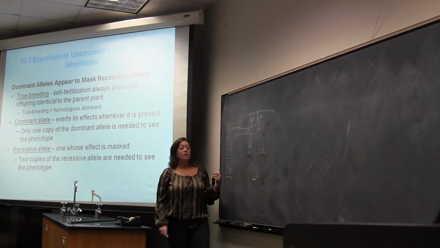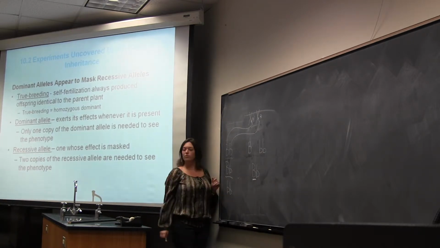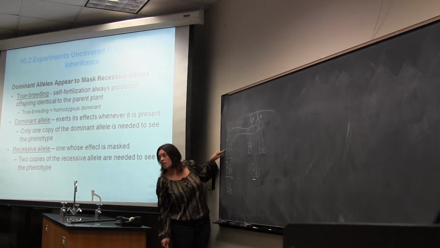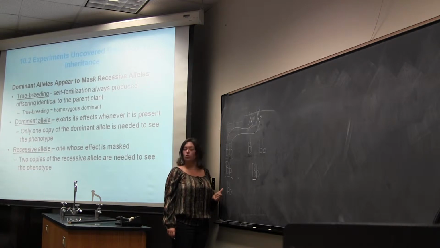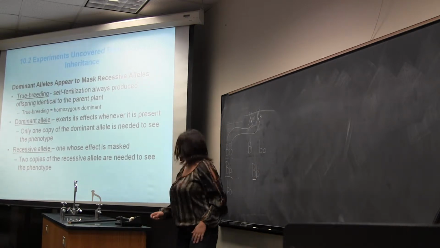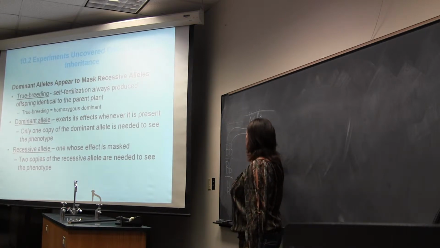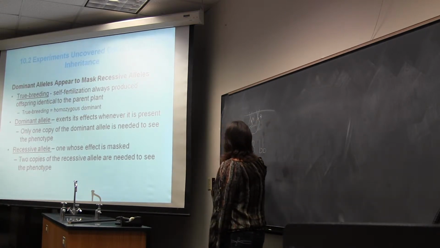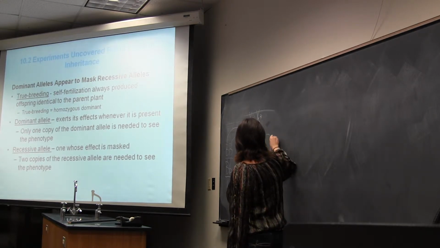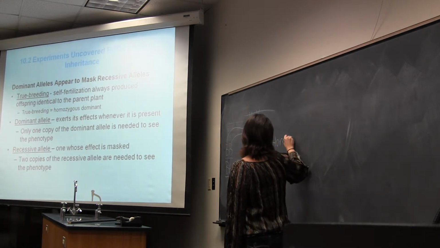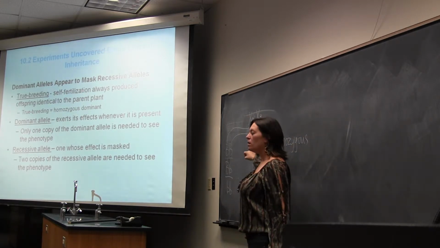So how do you actually read that? Dominant, recessive? We're getting there. Okay, so here are our three options of alleles, right? You can have two dominant alleles, you can have one of each, or you can have two little ones. If you have two alleles that are the same, in other words, a big B or a little b, we call those homozygous. Homo in Latin means the same.